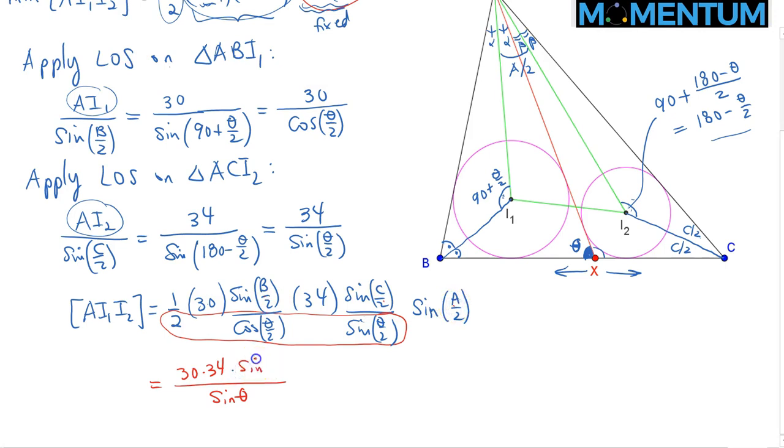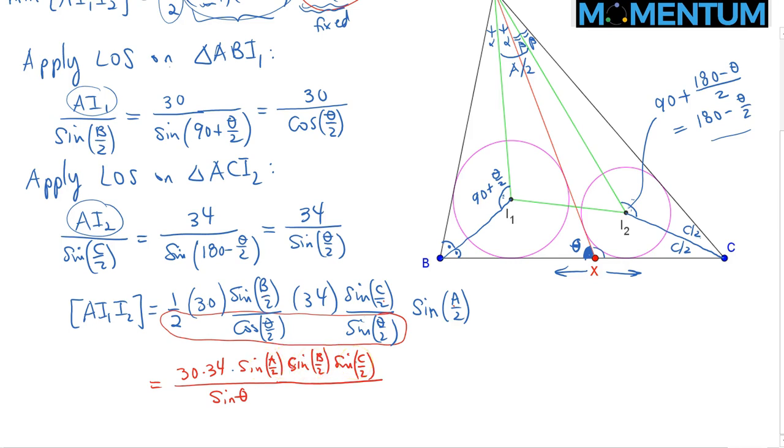So that is a very impressive expression: sine A over 2, sine B over 2, and sine C over 2. That's it.